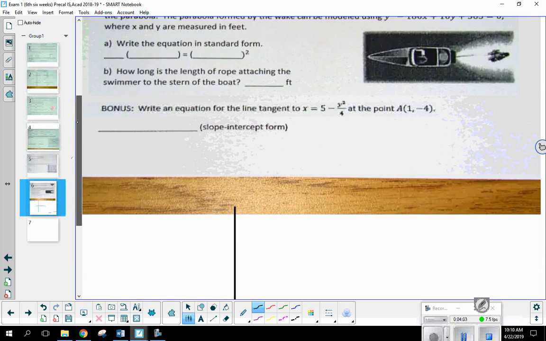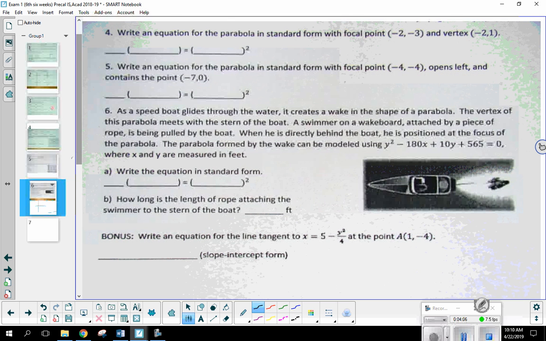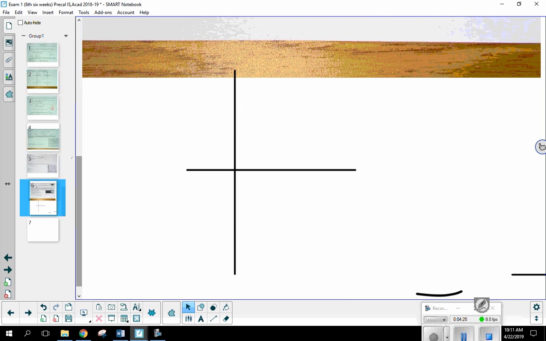Okay, so number 5, it says write an equation for the parabola in standard form. It has a focal point at negative 4, negative 4. It opens left and contains the point negative 7, 0. Well, the fact that it opens left already tells me this has to be y, that's got to be x. Okay, so let's look at this graphically for a second. I'm going to go ahead and move this back over.